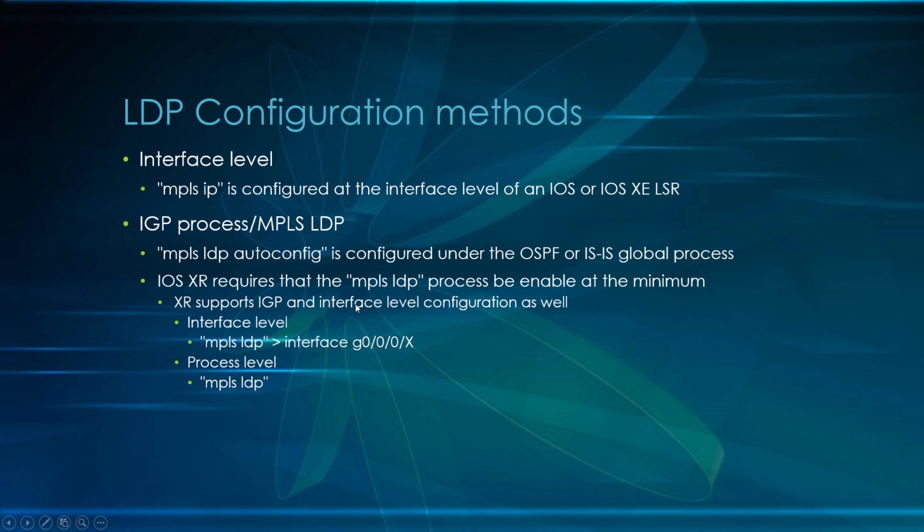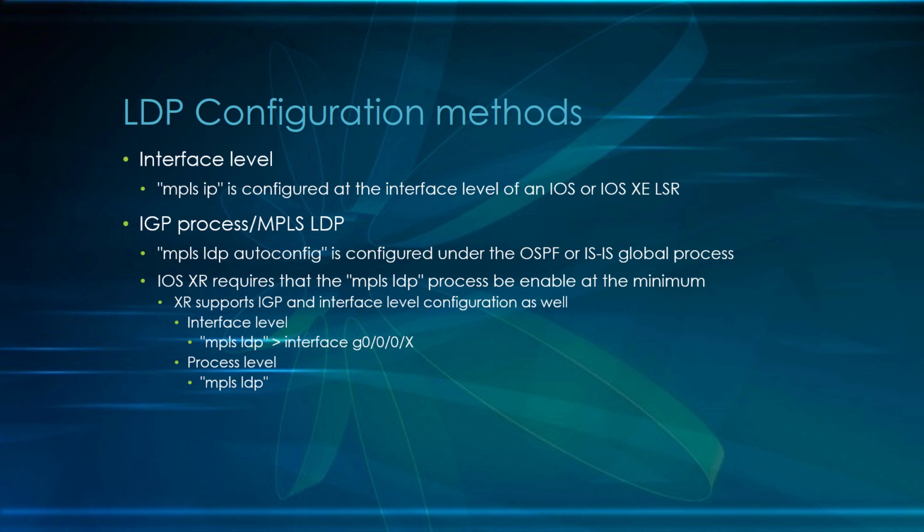IOS XR also supports the interface level and the process level, with the caveat being that even if you implement MPLS LDP autoconfig at the process level of an IGP in IOS XR, you still must enable the MPLS LDP process in IOS XR. It does not automatically start.